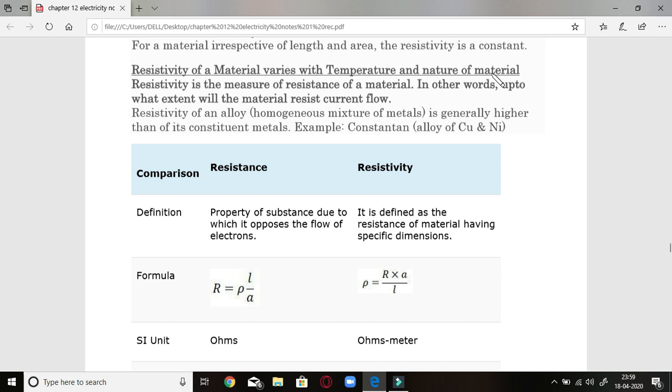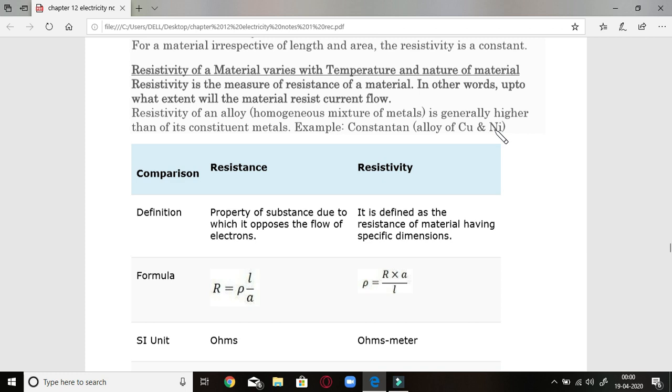Resistivity tells us which kind of material should be used to raise the resistance of a conductor. Okay, the resistivity of alloys is generally much higher than that of their constituent metals. These alloys are made by mixing various metals. Their resistivity is very high. Like constantan, which is an alloy of copper and nickel, it will have higher resistivity.